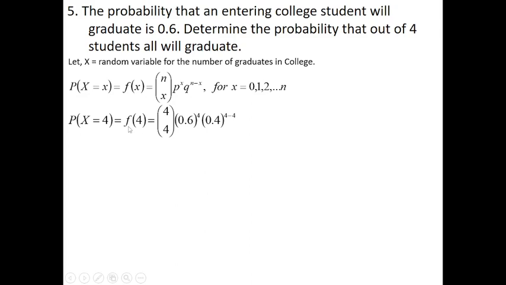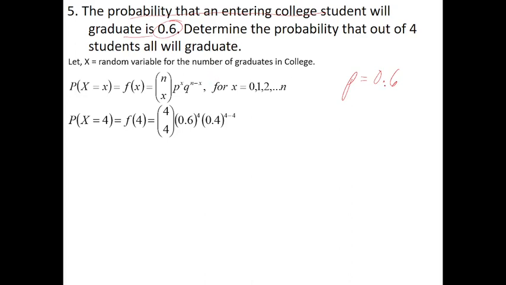Now here's a solution. No? So if we analyze the problem, the probability that an entering college student will graduate is 0.6. So for every student, the probability that he or she will graduate is 0.6. Okay? So this is now your probability of success. So 60% ang chance na yung nag-enter ng college na estudyante ay mag-graduate sa college.